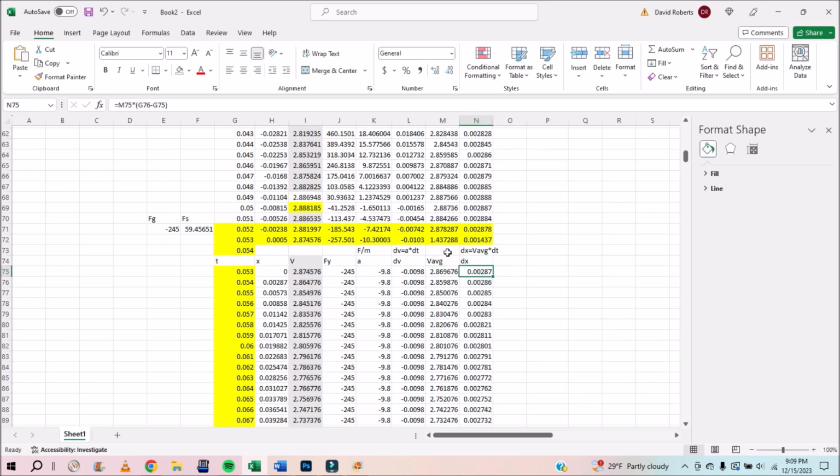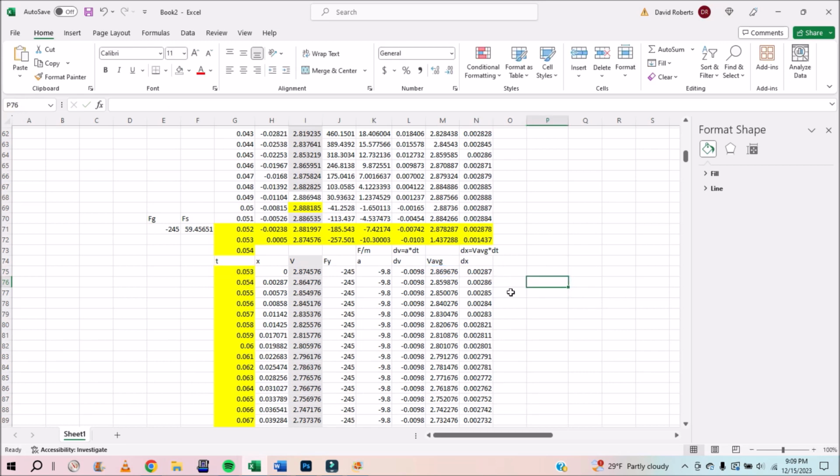Then rearrange the equation for velocity. Velocity is dx/dt, so velocity times dt is just dx, our change in position. That's our average velocity times this dt. And what does this say?